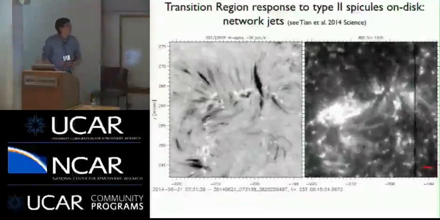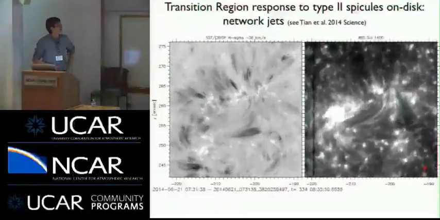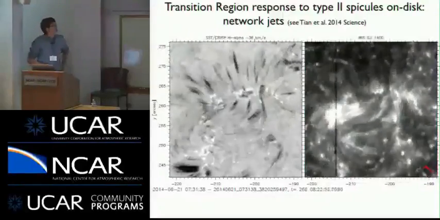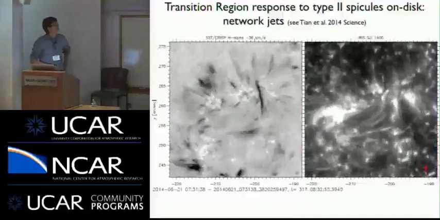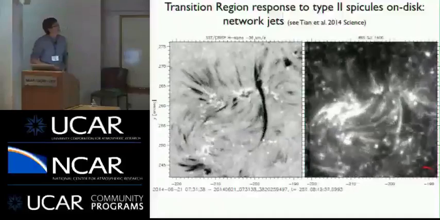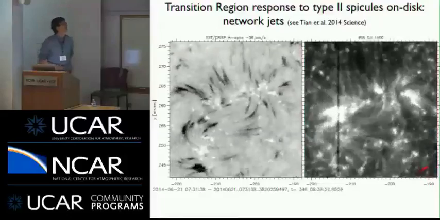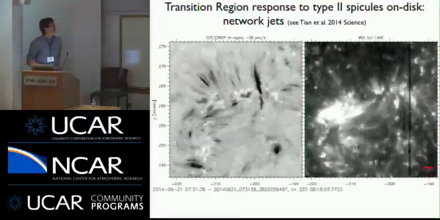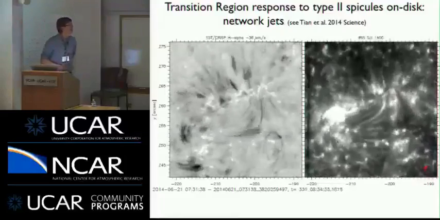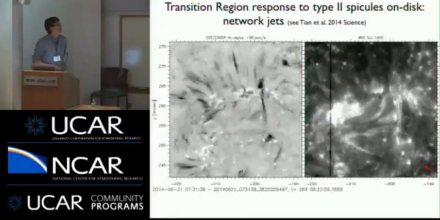So when we look at the IRIS data, we can see a clear association of these spicules on the disk and the bright jets or the network jets that shoot out from the network.